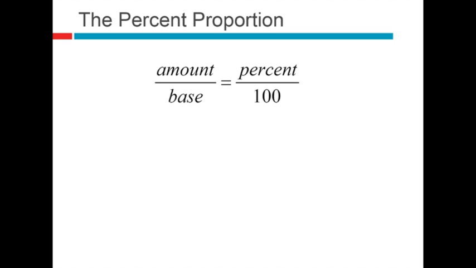So proportions are of the form amount over base equals percent over 100. And the shorthand, we can write that as A over B equals P over 100. So A corresponds to the amount, B corresponds to the base, P corresponds to the percent number, and we have 100 in the denominator.